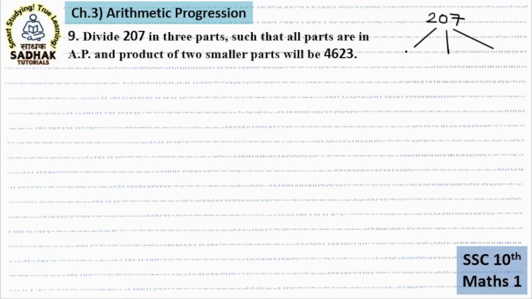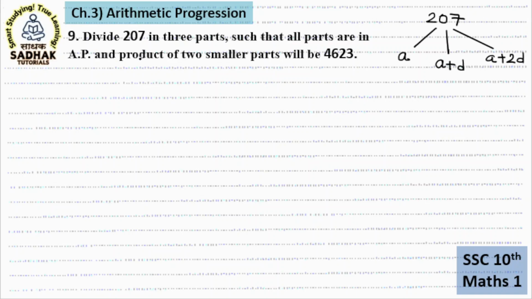That means if the first number is A, then the second number will be A plus D, and the third number will be A plus 2D. Fine. So this way we have to divide 207 into 3 parts. It also means that the sum of these 3 parts, that is A plus A plus D plus A plus 2D, will be equal to 207.